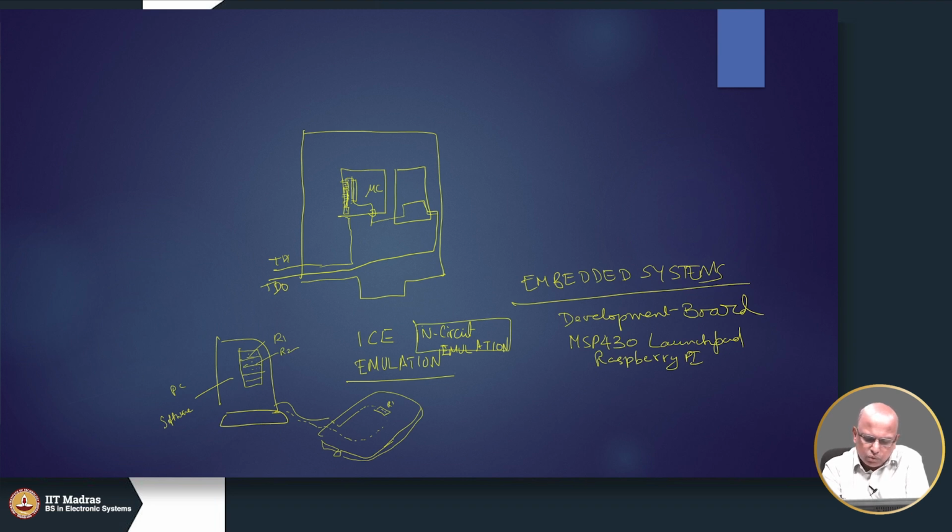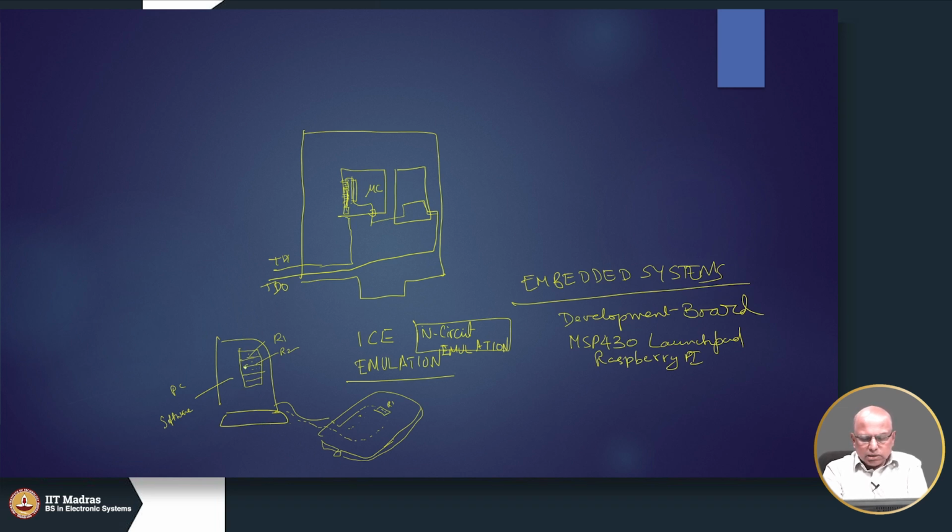From a user's perspective, it appears that he is debugging the software. The software is running in this microcontroller, Raspberry Pi or MSP 430, etc. And as a result, registers are changing. And the user may want to see whether the algorithm is correct, whether R2 has got the correct value or something like that.